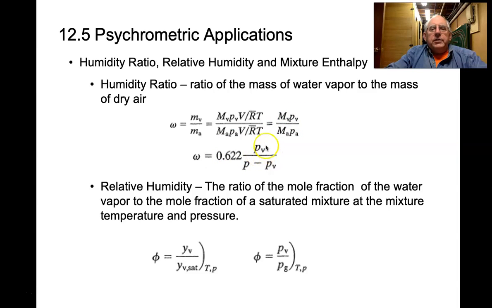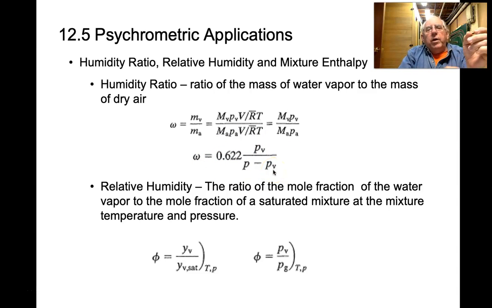The partial pressure of the vapor is in the numerator, and then the pressure of the air is written as the mixture pressure minus the partial pressure of the vapor. We know that PA plus PV is equal to P, the mixture pressure, so we decided just to write it in terms of the mixture pressure and the partial pressure of the vapor.